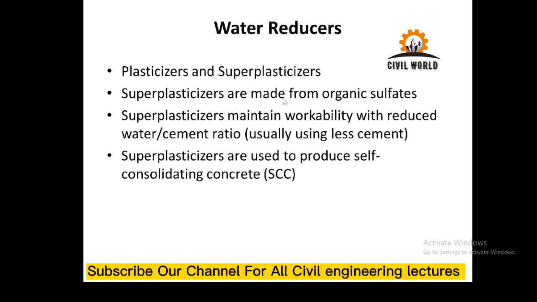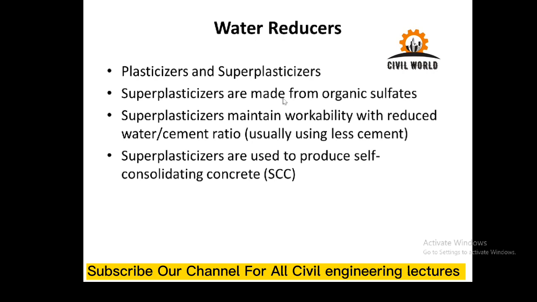So plasticizers may be used in three different ways. To reduce the water cement ratio, which can increase the compressive strength of concrete. Then it can also reduce the quantity of cement, thus it can make the concrete economical, and it can increase the workability of concrete, thus it can make placement of concrete easier.